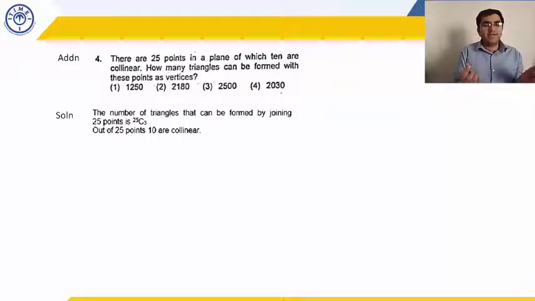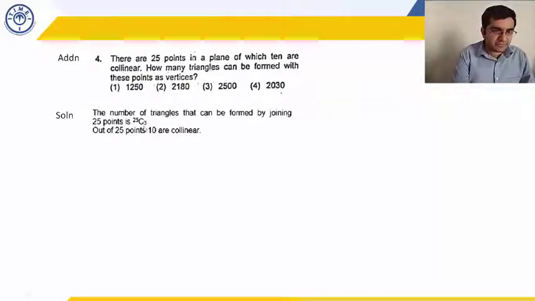Okay. But you have 10 points which are collinear. Now, if you have a bunch of collinear points, what are collinear points? Collinear points lie in one line. So from these 25 points, you selected 3 points. Now I am saying that if these 3 points which were selected were from the 10 collinear points, then that would not form a triangle, but it would be counted as a triangle.